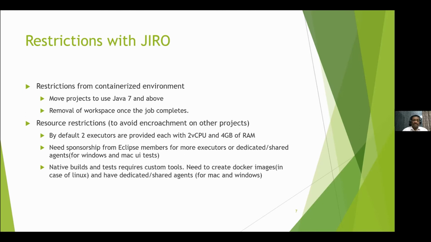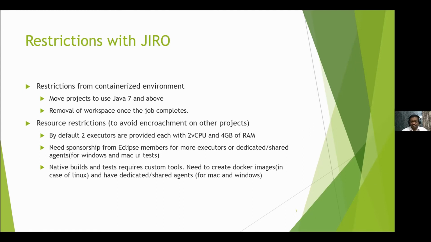So if you need 4 simultaneous jobs to run, you need to have the default 2 executors, and 2 more sponsored by a corporate member. This is how we had to overcome it.